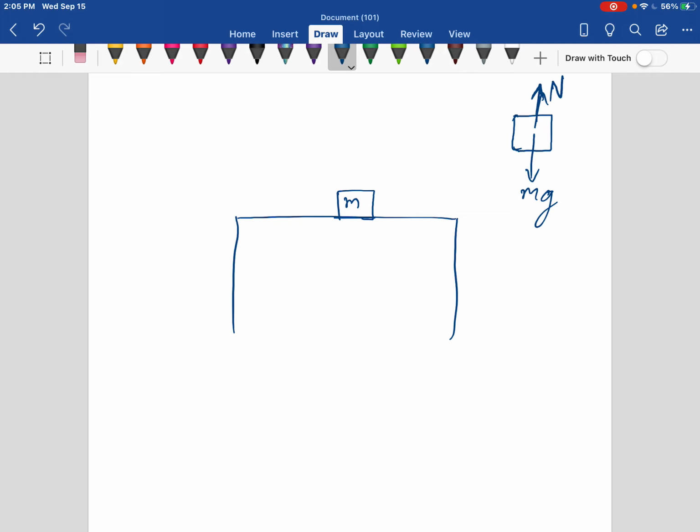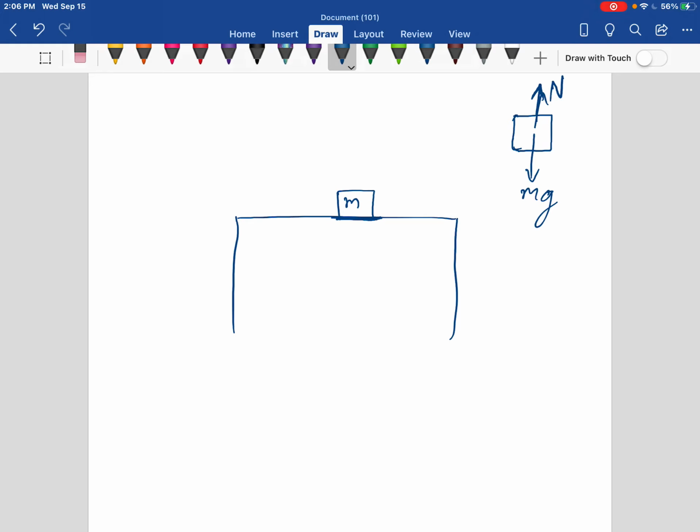Now, how to recognize if there's a normal force acting on an object? If this object is touching this surface, then there is some force between them. We are going to call that the normal force, right? These are the two forces acting on this object. There is nothing else. The object is not moving anywhere. It's just sitting there, right?